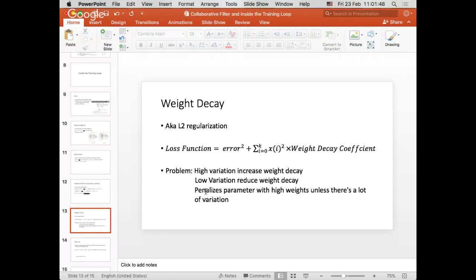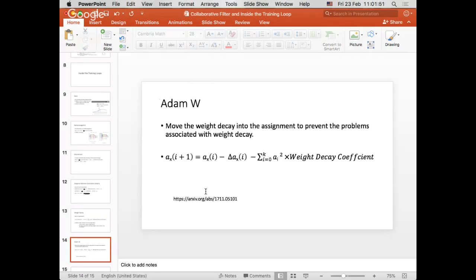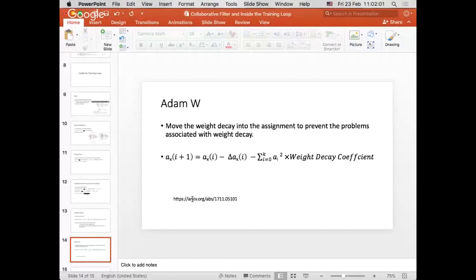So his solution to it was basically to shift the weight decay. This is the paper for it. It's called Fixing Weight Decay Regularization in Adam. Yeah, he didn't really go through in depth on how you actually do it. He just mentioned that you just shift it, and I think it should be like that. Yeah, I'm not too sure.